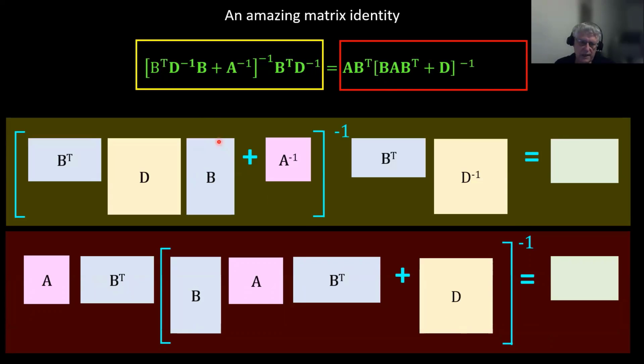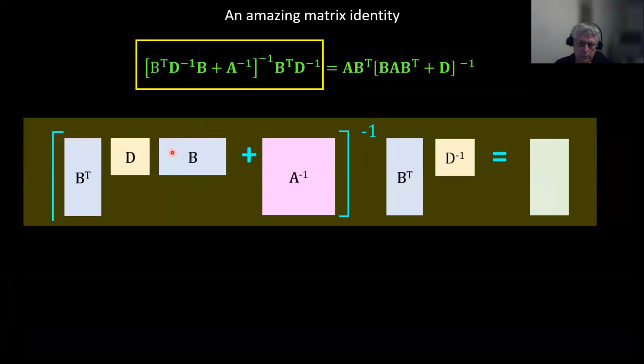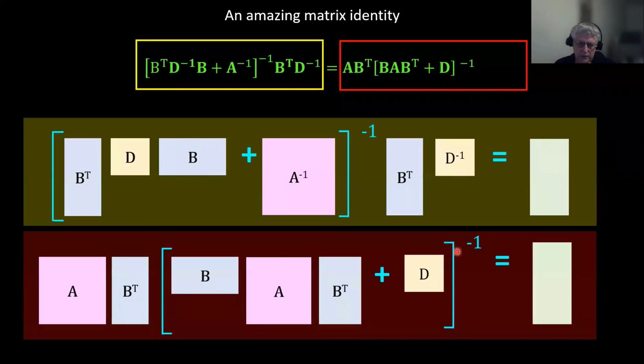So if B is longer, deeper than it is wide, that's the equation I want to use. On the other hand, if B is wider than it is deep, the matrix is smaller that I have to invert if I use this formulation, that's the one I want to use. And we'll leave it at that for now.